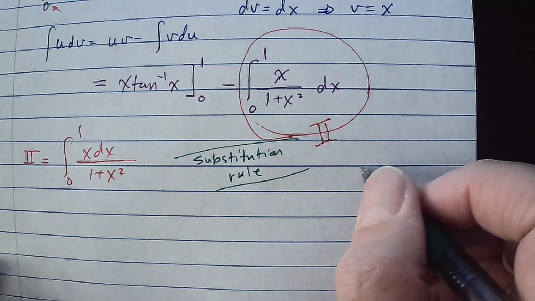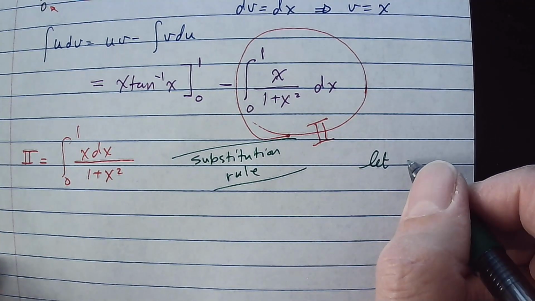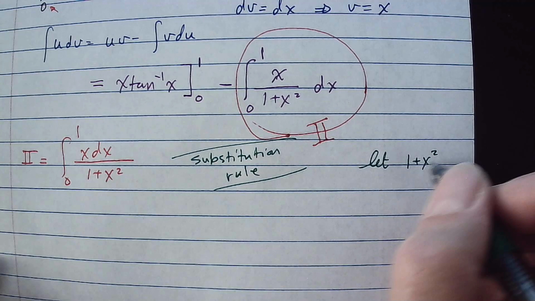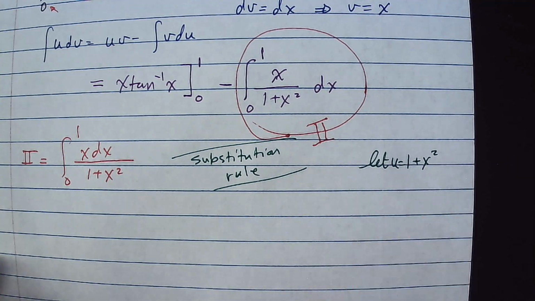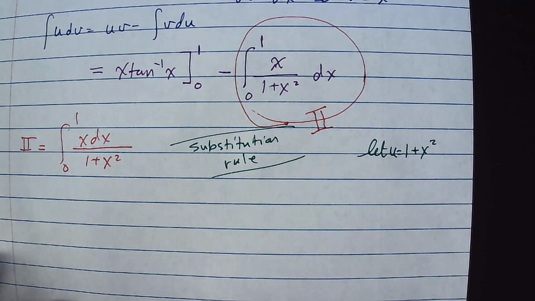Substitution rule says let u equals 1 plus x squared.